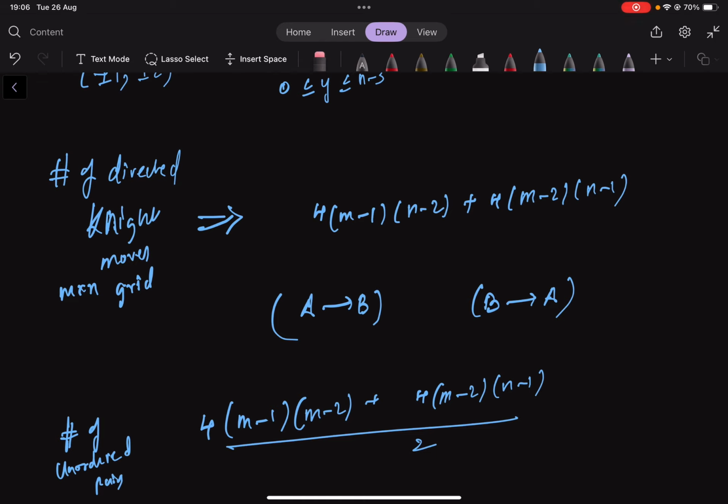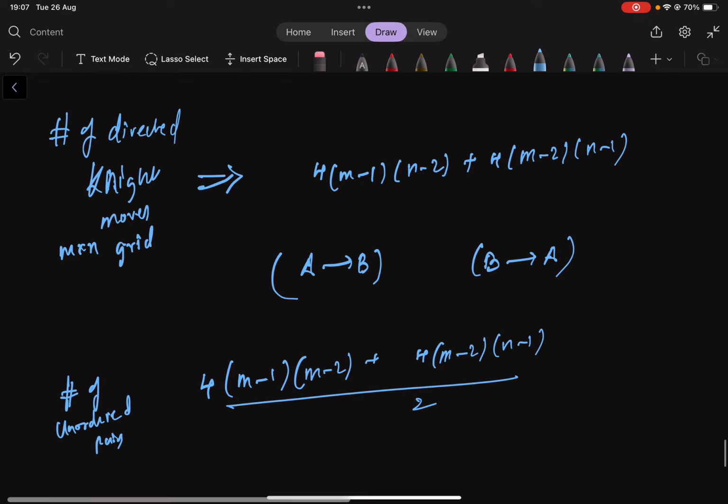Every knight move from A to B has another partner where B goes to A. They are both ordered pairs, but we want unordered pairs A comma B, so we just have to divide by 2.